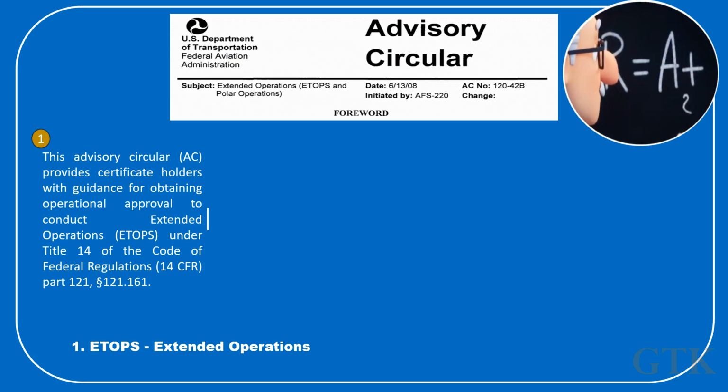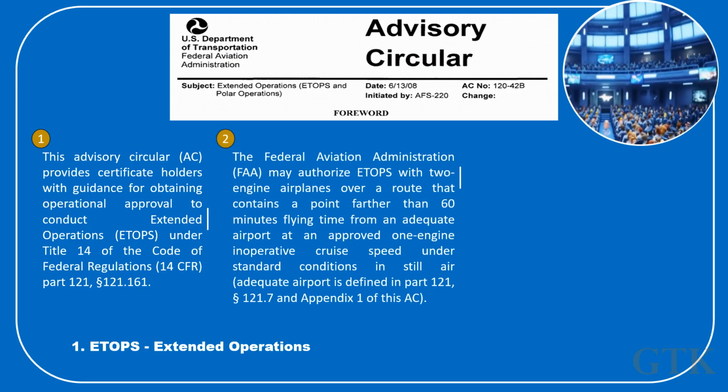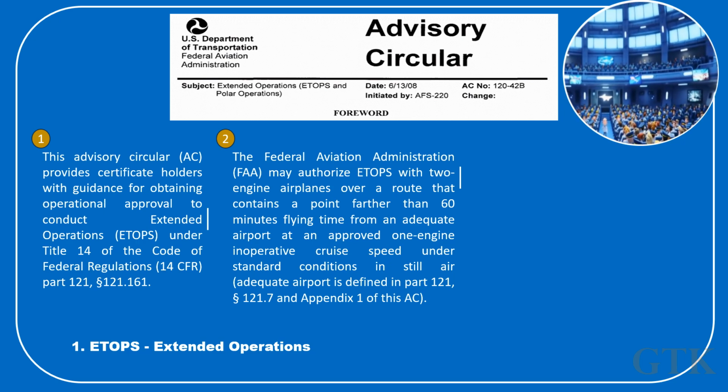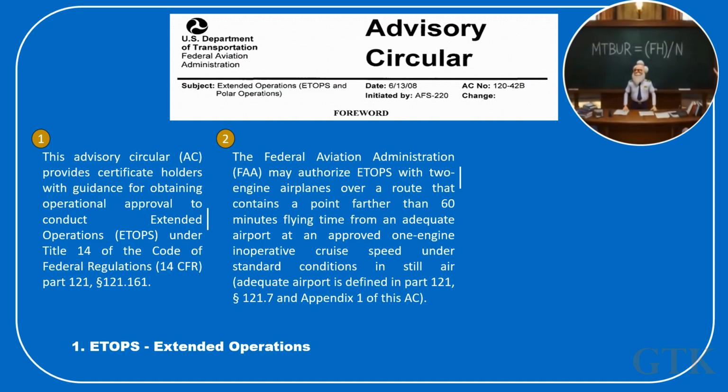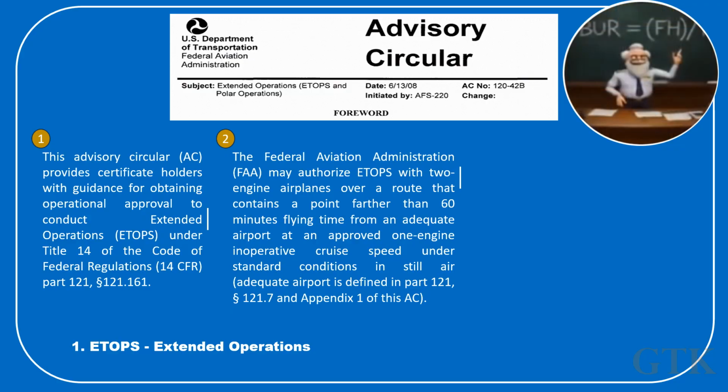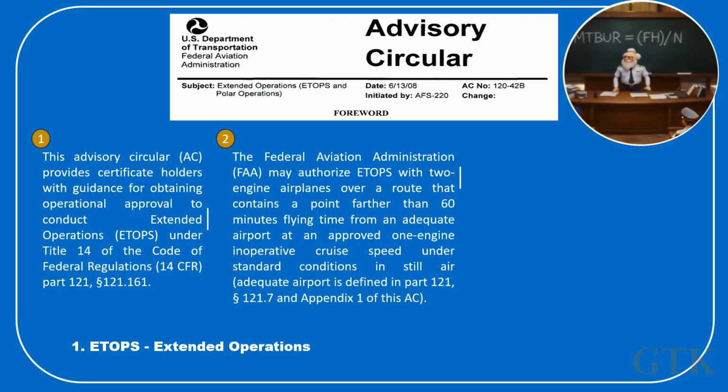The Federal Aviation Administration, or FAA, may authorize ETOPS with two-engine airplanes over a route that contains a point farther than 60 minutes flying time from an adequate airport at an approved one-engine inoperative cruise speed under standard conditions in still air. Adequate airport is defined in Part 121, Section 121.7 and Appendix 1 of this AC.